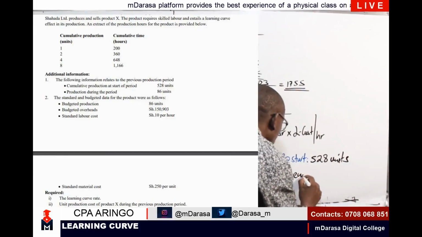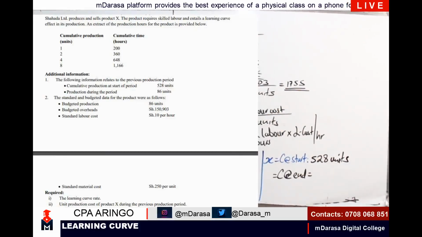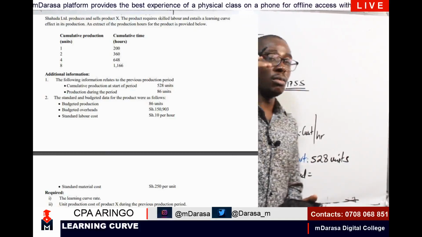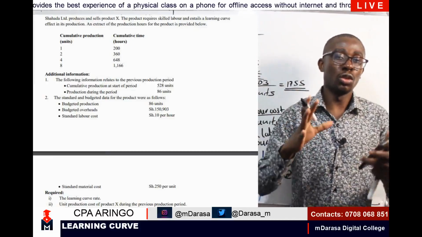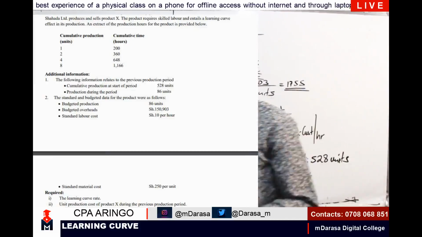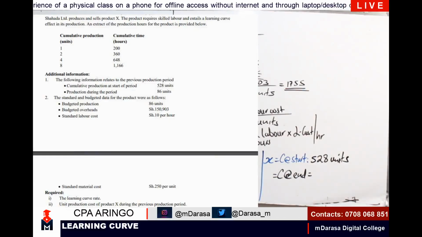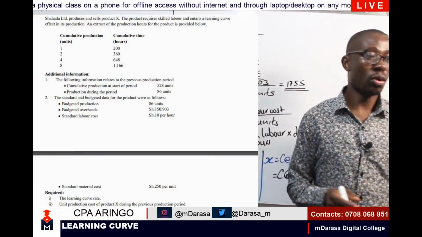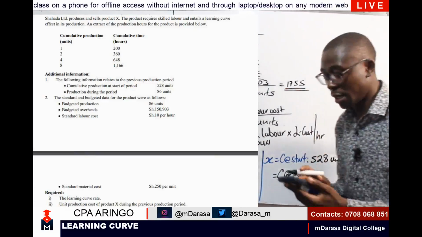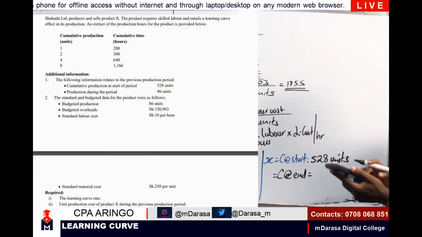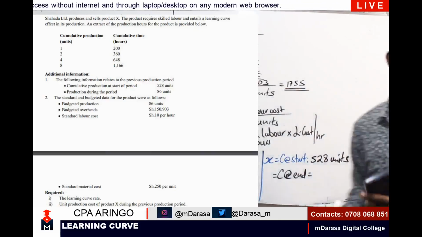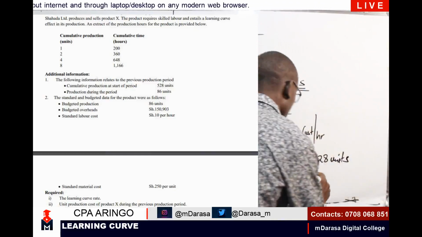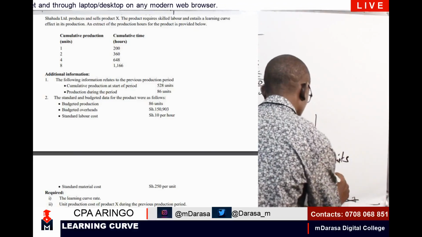Cumulative at the end of the period will be simple: I take cumulative at start of the period and add cumulative during the period, which is 86. Therefore, I'll just be taking the 528 plus 86 units, which gives me 614 units.